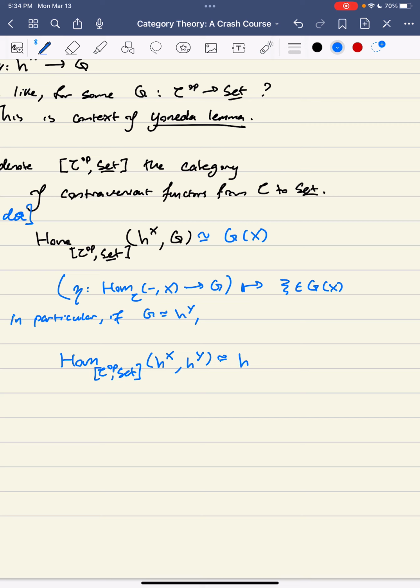So this says it's h of y applied to x, but this is exactly, by definition, the set of functions from x to y. There is a bijection.